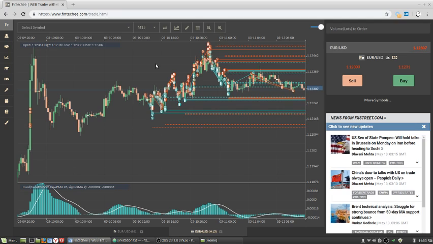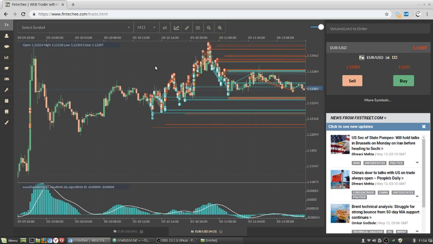And the third condition is you need to have a trading platform to support these kinds of functions. I used a lot of trading platforms before, but these trading platforms don't support signing in to different accounts at the same time. So you need to log out from one account and then sign in to another account.